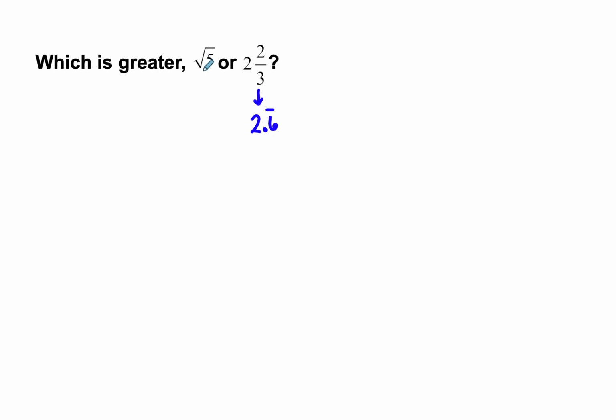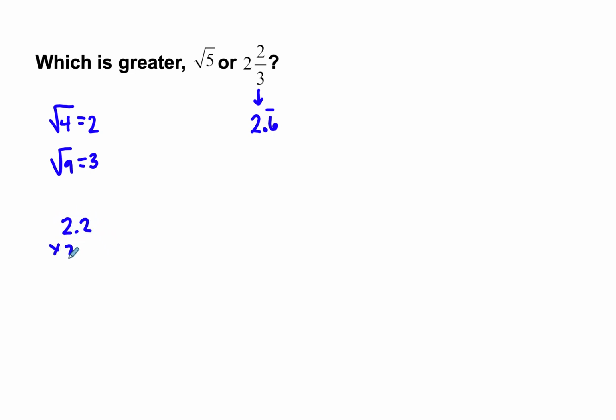Now I need to estimate the square root of 5, and then I will be able to compare it. So let's see. I know the square root of 4 equals 2, and I know the square root of 9 equals 3. And 5 is just a little bit more than 4. So maybe to the nearest tenth, 2.2.